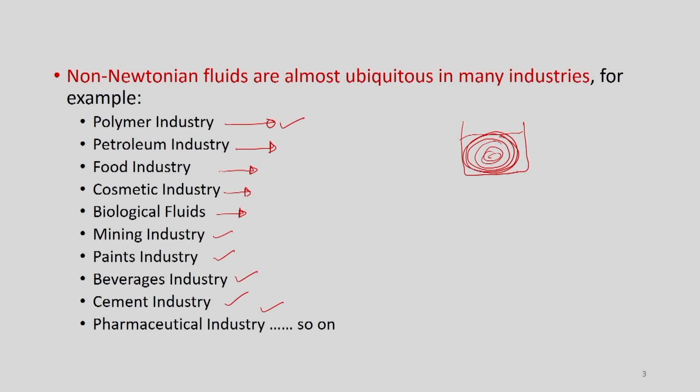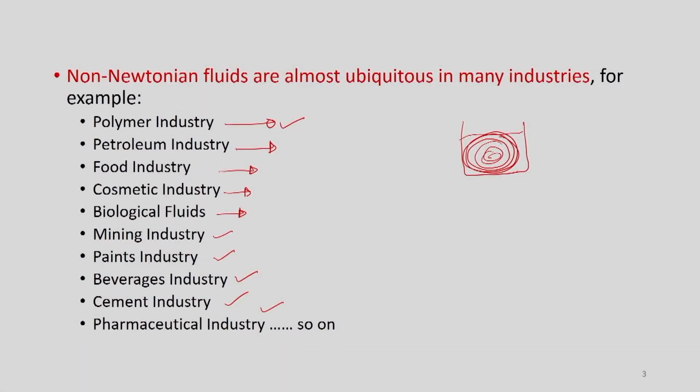Even for tablets, before pelletizing, the suspensions show a variety of non-Newtonian behavior, where the viscosity of the suspension changes either by shearing or by time. So if we keep on listing the industries related to chemical engineering, we can see non-Newtonian fluids may exist in almost every industry. That is the reason transport phenomena of non-Newtonian fluids is very important.